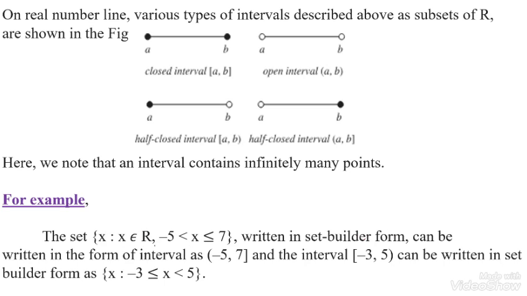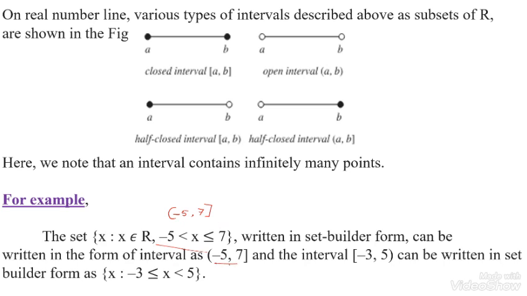Here they gave it in set builder form, and we can write it as an interval. So first we have to write the endpoints, that is minus 5 and 7, with a comma. We write the first endpoint, minus 5. After it the less than symbol is there, so we have to write the open interval. Here the less than or equal to condition is there, so I will take it as a closed interval.